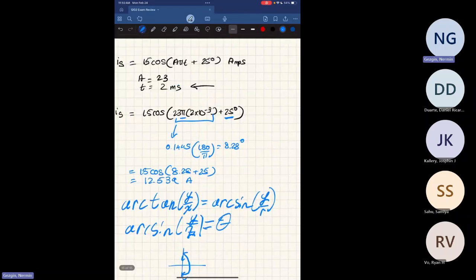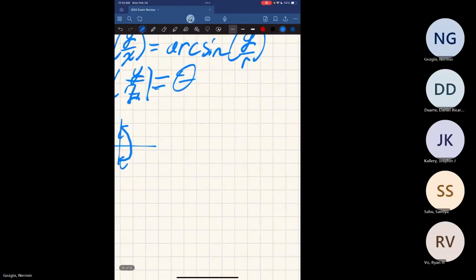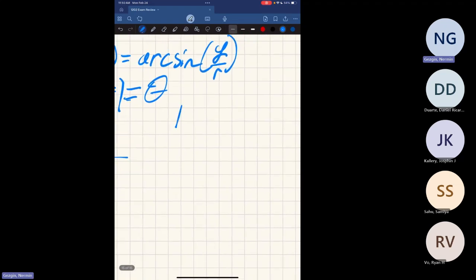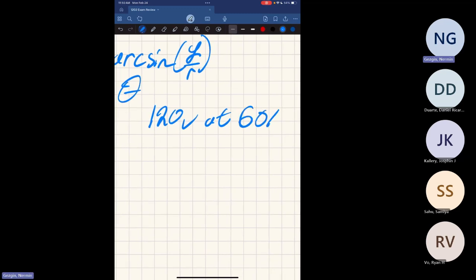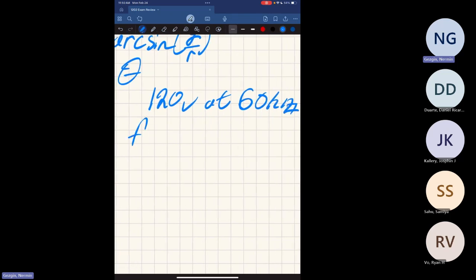Did you already do the frequency thing? Oh, another thing. If they give you, say, 120 volts at 60 hertz, they expect you to make a function. The standard formula for a function is cosine of omega t plus your angle.